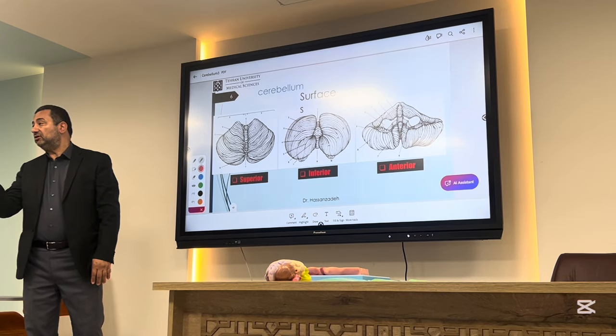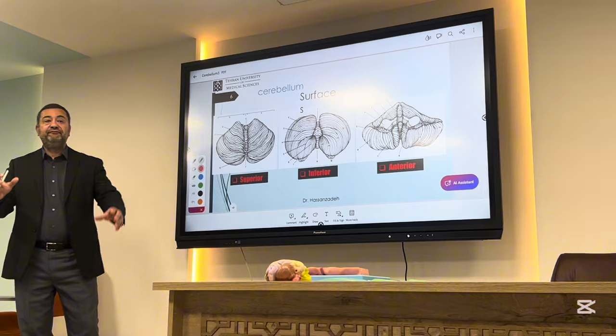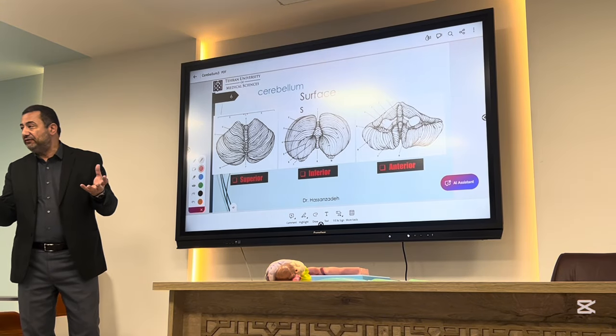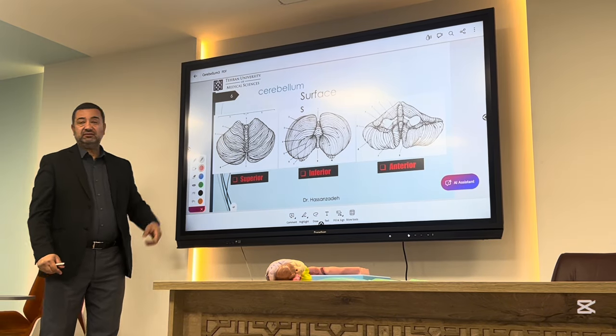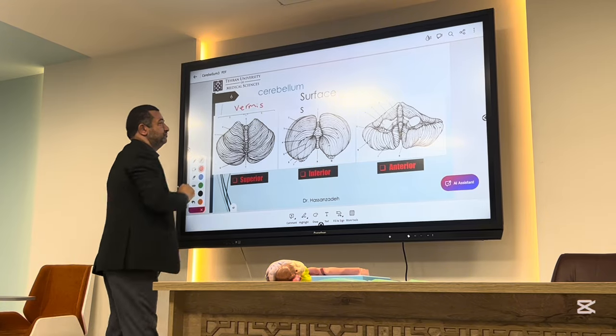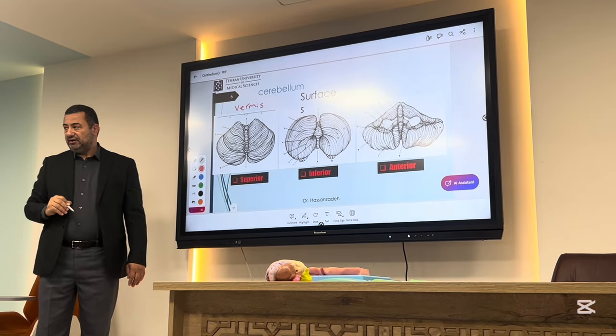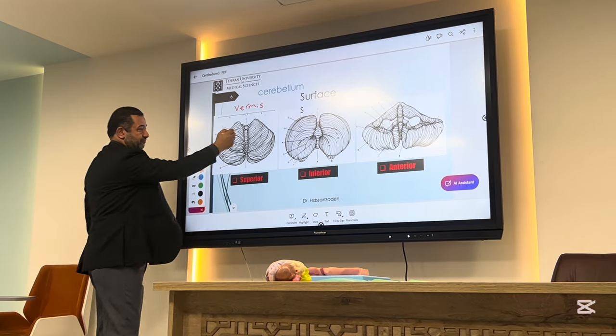A part of the cerebellum between two cerebellar hemispheres is called vermis. Okay? This is vermis.